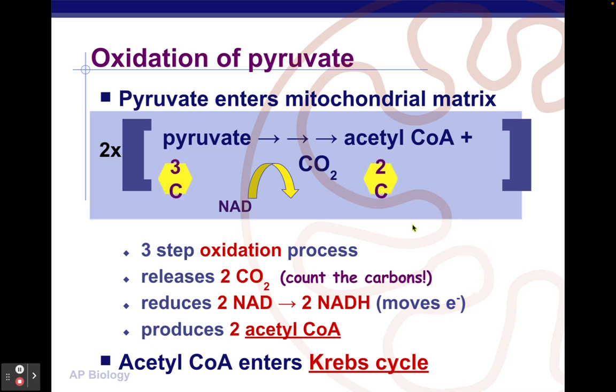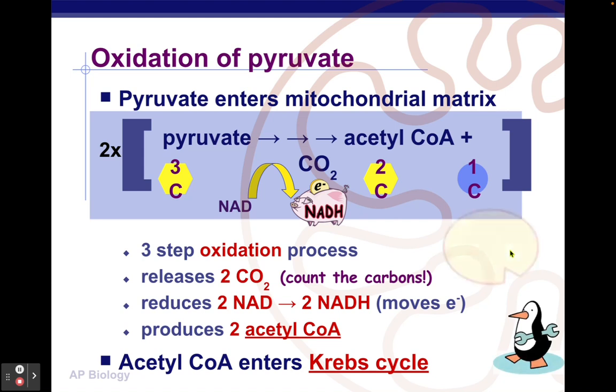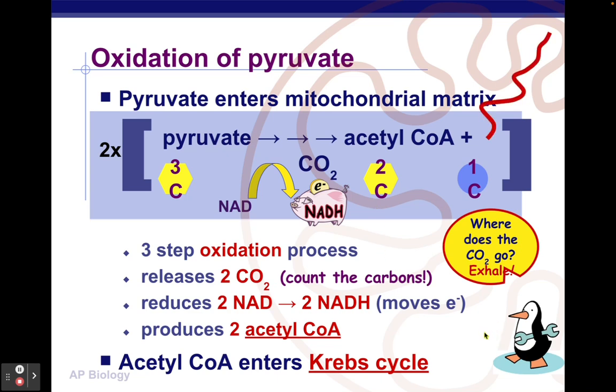Here's 3 carbons and now it's 2 carbons, and we got rid of this carbon dioxide because it has been completely oxidized. It has no function for us anymore. So goodbye. And then we have an NADH, which is going to move an electron. We keep showing this as money, but it's the energy currency, where those NADHs get used elsewhere. Where does the CO2 go? We exhale it out. So when you breathe out, you are breathing out a byproduct of cellular respiration.